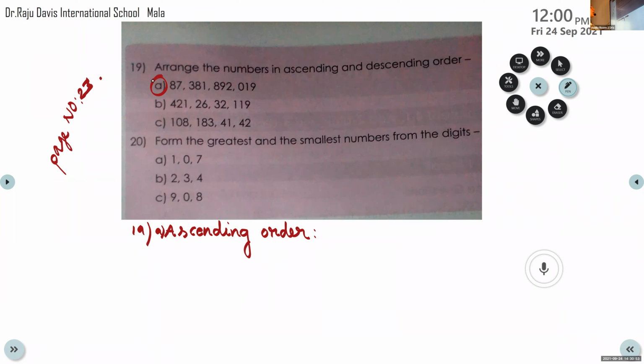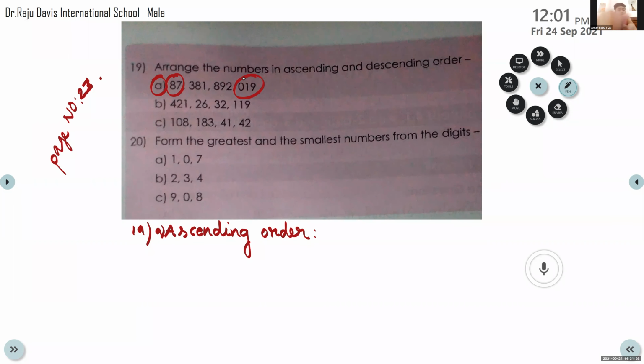So 2-digit numbers or 3-digit numbers, which will be the smallest? 2-digit numbers will be the smaller. So we have two-digit numbers, that is 87 and 19. Among these 2-digit numbers, which one will be the smallest? 19. 19 will be the smallest.